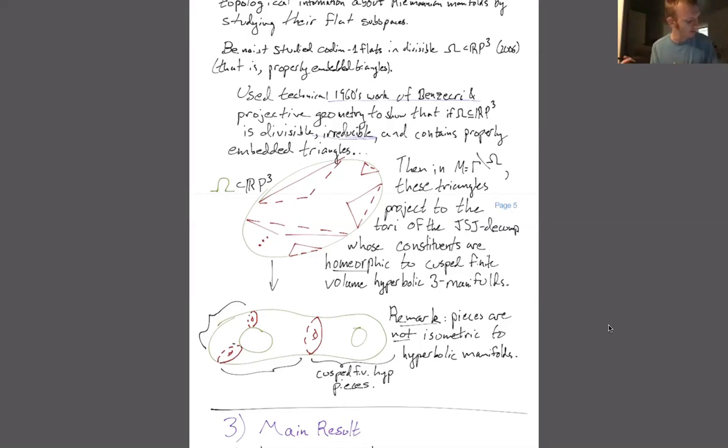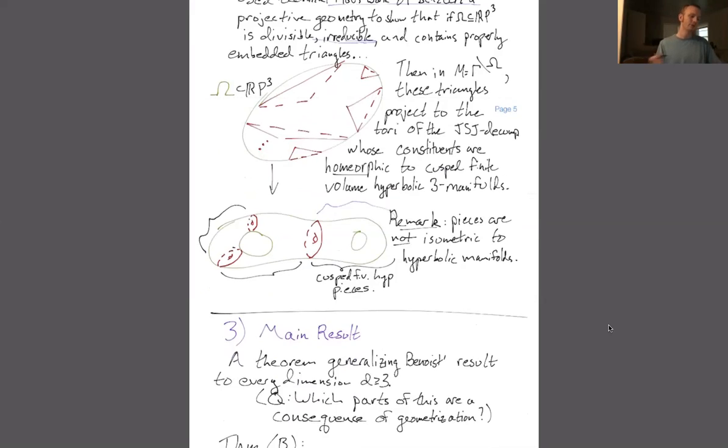And furthermore, the pieces in that decomposition are necessarily finite volume cusped hyperbolic manifolds, or rather are homeomorphic to finite volume cusped hyperbolic manifolds.